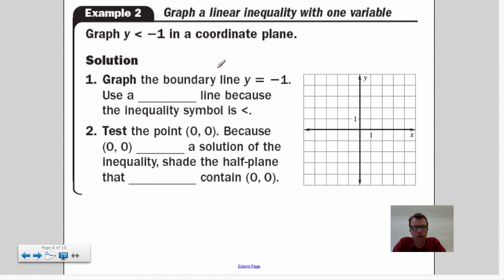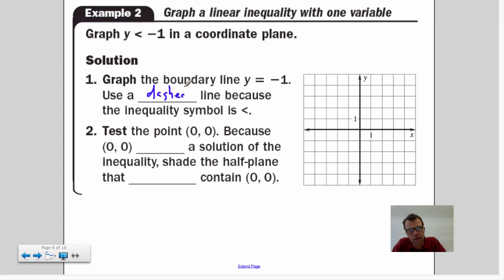So we need an example. So here we go. We have this inequality. We'd like to graph it. So again, we will think about the boundary line as just simply y is equal to -1. So we know how to graph that, right? The next thing, though, before we start drawing, is to look up and say, oh, this is less than only. So this is a dashed line.